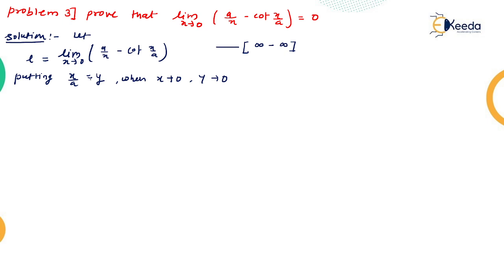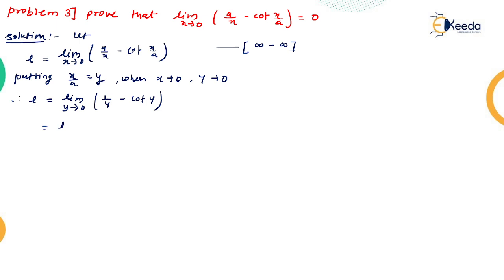Just take the term x by a as y, because this is a little bit easier way to understand. For simplification, therefore L equals limit as y tends to 0. Now a by x is nothing but 1 upon y. I hope you understand this. This is 1 upon y minus cot of y.